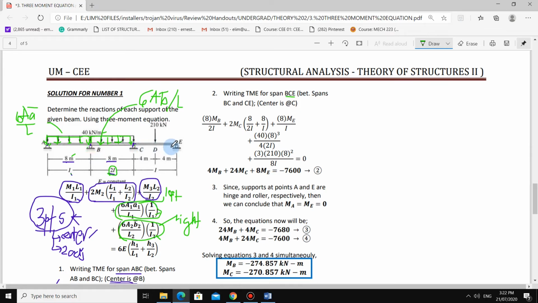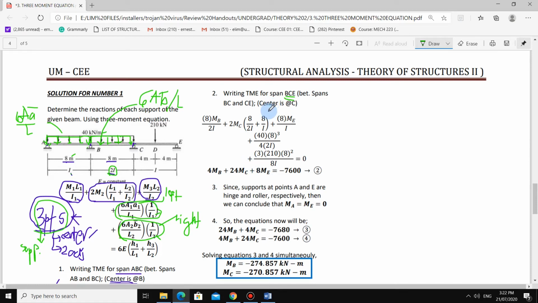So BCE covers the spans BC and CE, support to support. The three points should be supports.